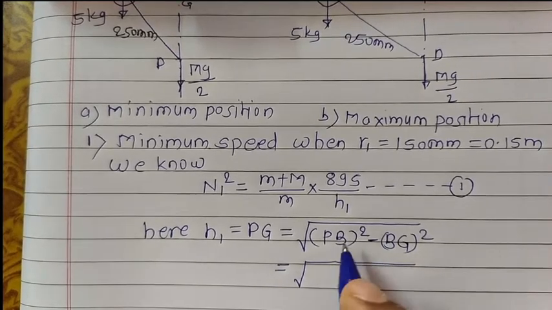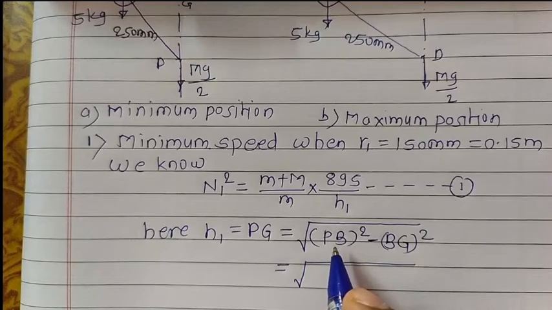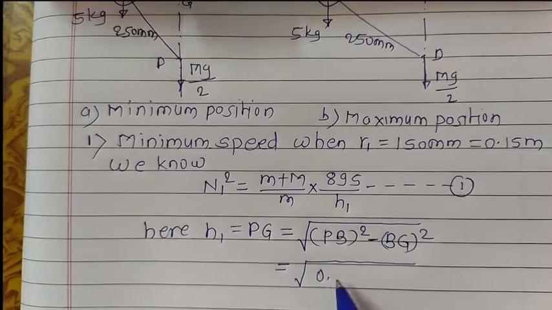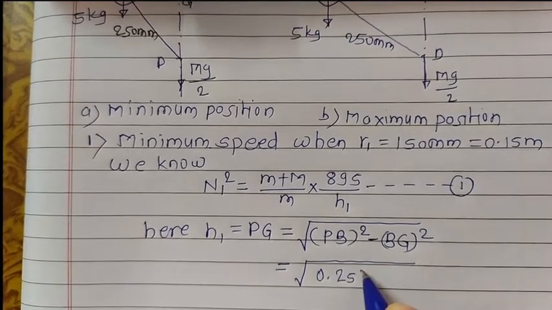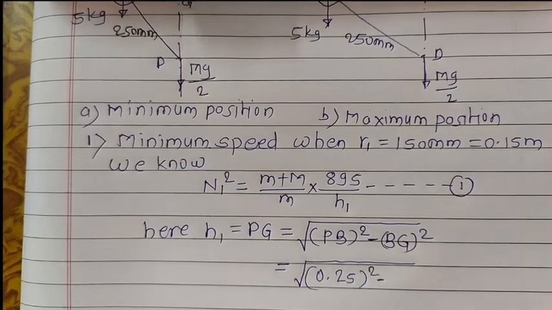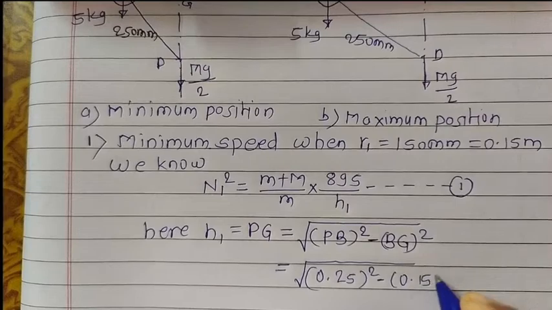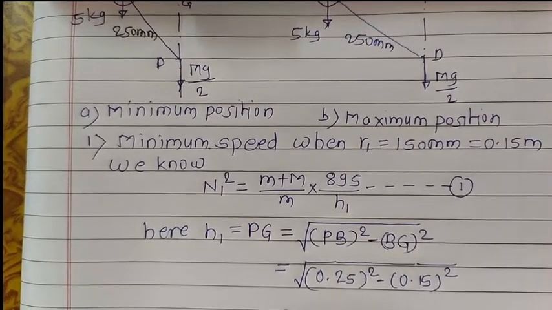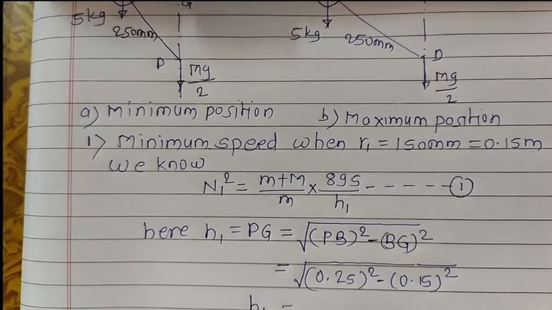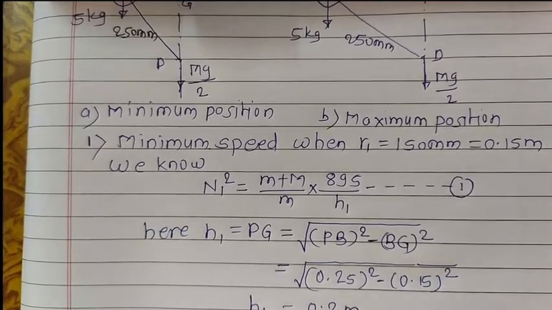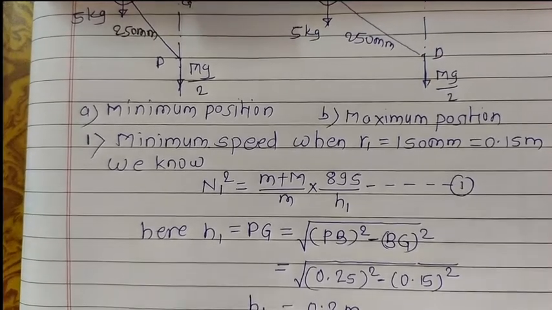Substitute the value for PB here in terms of meter and BG also in terms of meter. Simplify this, we can get the value of h1, that is 0.2 meter.